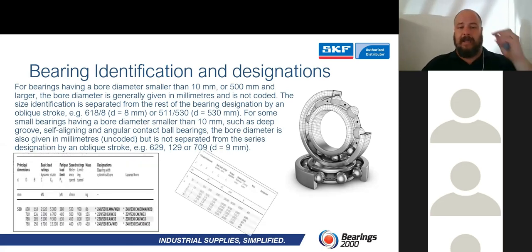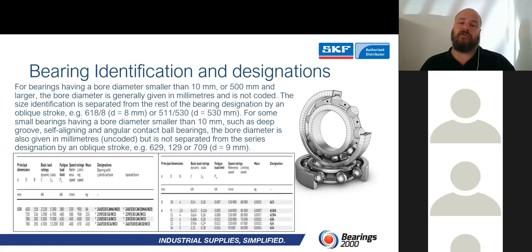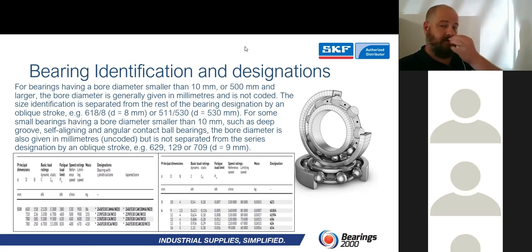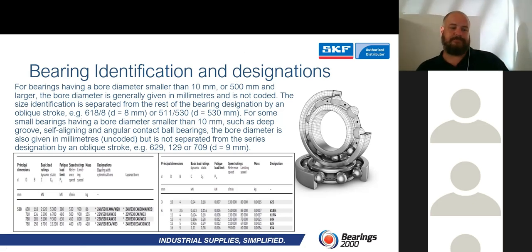And once we get to 500 millimeters on the inside diameter, you will have a slash after the bearing type and the bearing series, and that will then also be of true value. So that's just a little FYI in terms of identification and designation within the bearings.